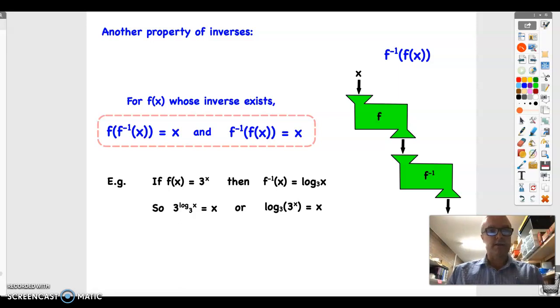A specific example: if I let f be the exponential function 3 to the power of x, its inverse function is the log of x. When we form composite functions with those two functions, the function and the inverse, we get the relationship that 3 to the power of log x is just x, or the other composite function, the log of 3 to the power of x, is also x.